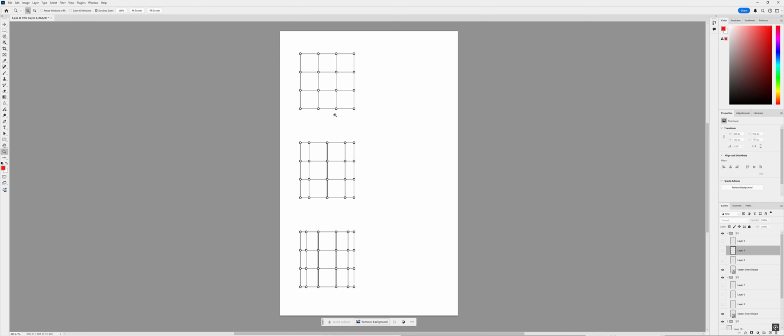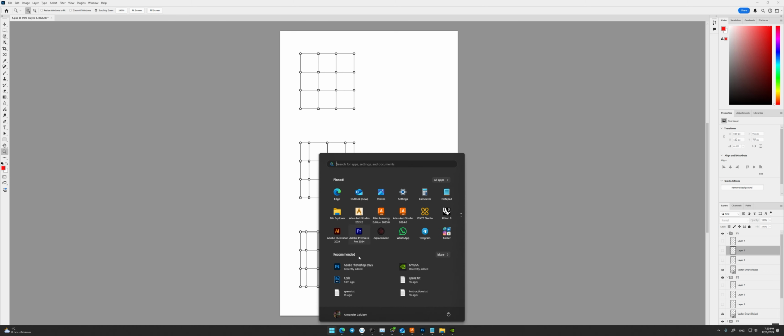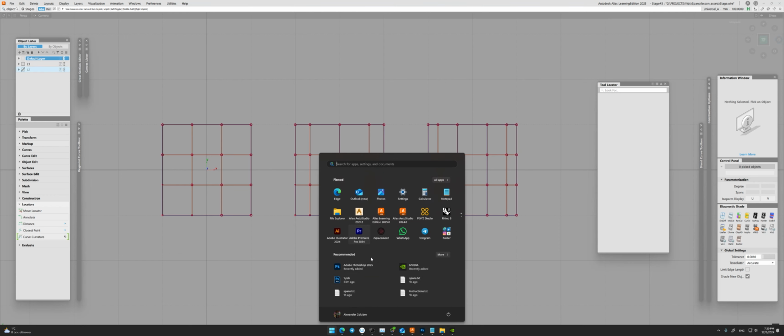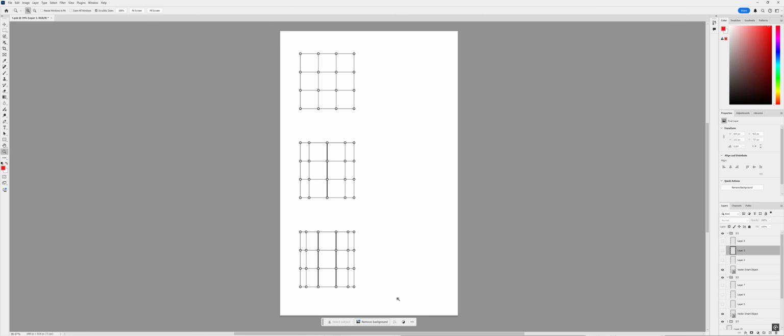On the top we have 3 by 3 degree. Next we have 3 by 3 2 spans and 3 by 3 3 spans. They literally just mimic the same structure which Alias provides us in terms of the control vertices.